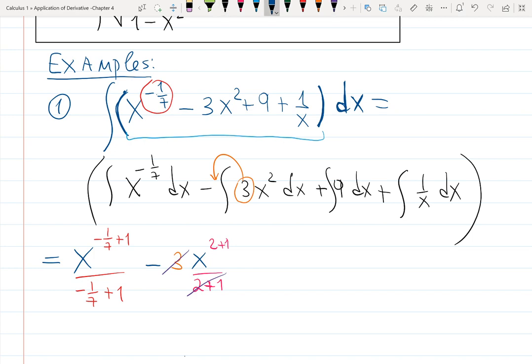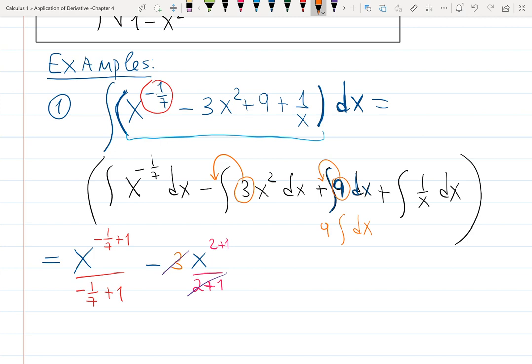Now, what happens with the integral of 9 dx? Two ways of thinking about it. Either you take this constant and kick it out, and then you have 9 times the empty integral. What is the empty integral? Yes, it is x. Remember, the empty integral gives you x plus c. Or you can rethink what gave you 9 when you differentiated that something.